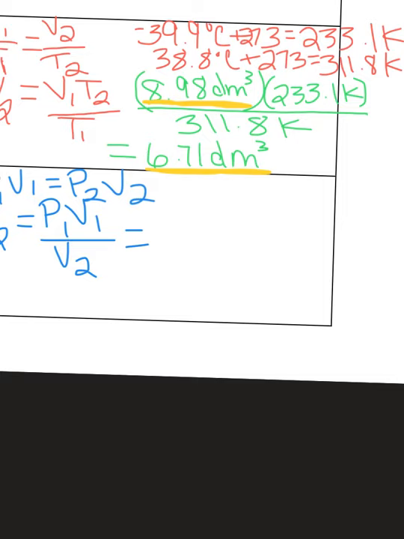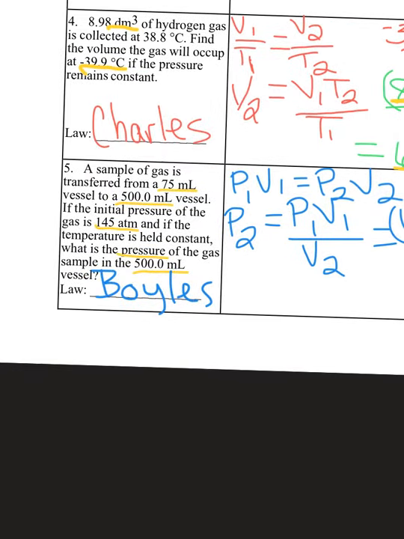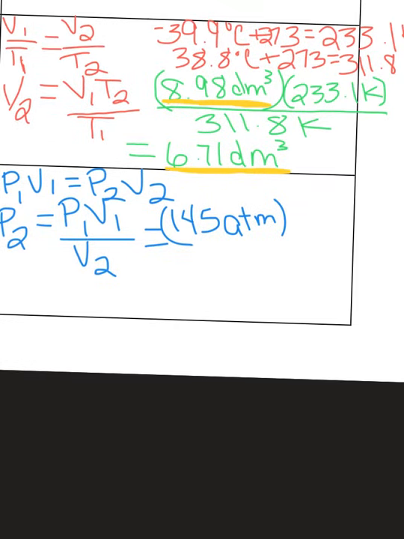Okay, so P1 is 145 atmospheres of pressure. Now volume 1, how do we get volume 1? It's telling us that it was transferred from a 75 milliliter vessel to a 500 milliliter vessel. So which one is our initial volume? The first one. It went from one vessel to another vessel. So from 75 milliliters, that's our V1.